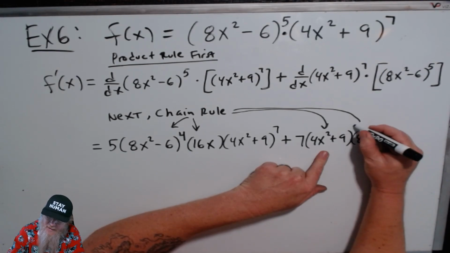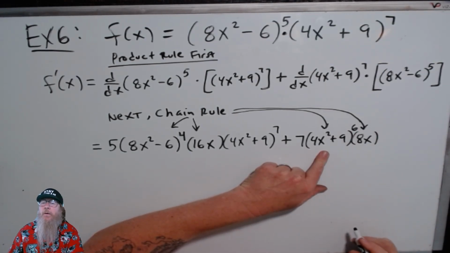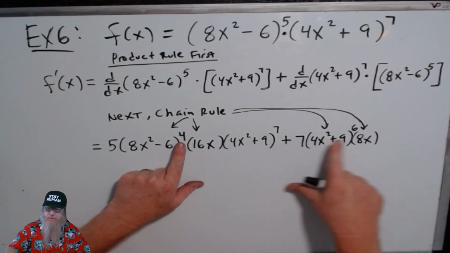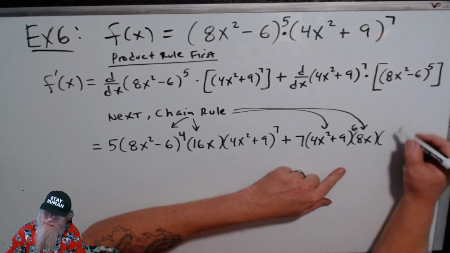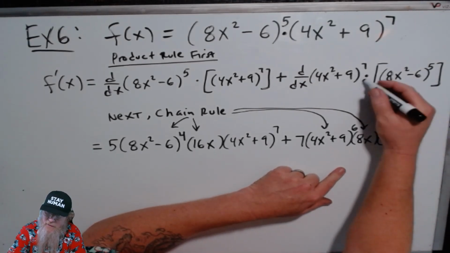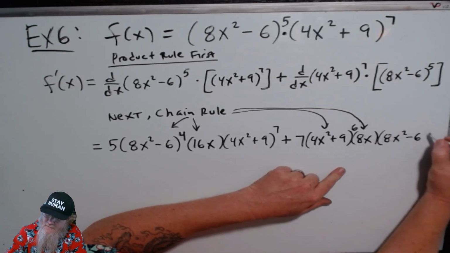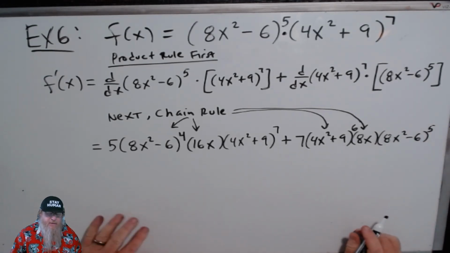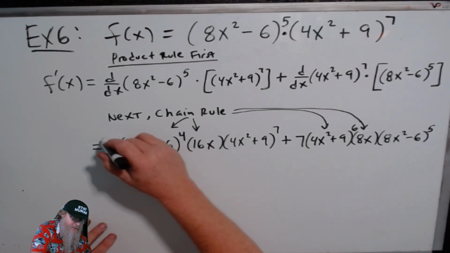Subtract 1 from the 7, so that becomes 6. Now I want to check all of them. Yep, okay, good. And then the last function, I can remove the dot and remove the extra brackets. And there you go. You may leave this answer unsimplified.